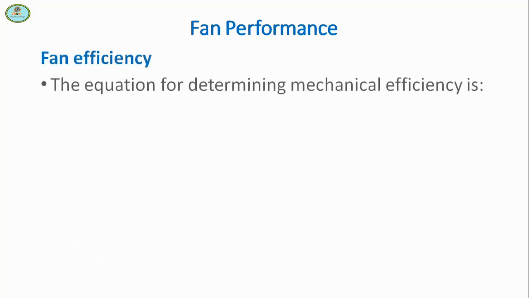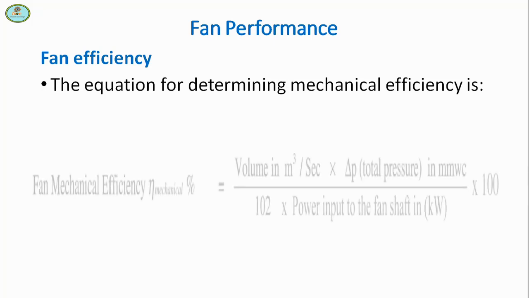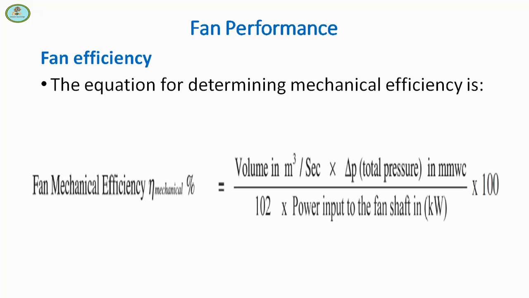Both measure how well the fan converts horsepower into flow and pressure. The equation for determining mechanical efficiency is: fan mechanical efficiency is equal to volume in m³/s × ΔP total pressure in mmWc divided by (102 × power input to the fan shaft in kW) × 100.